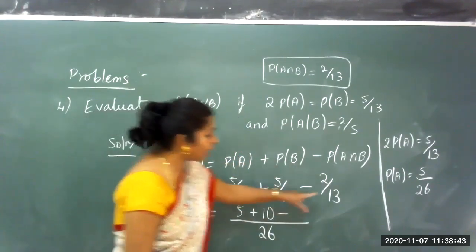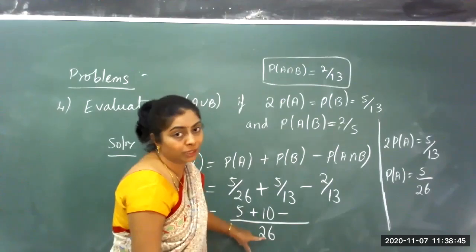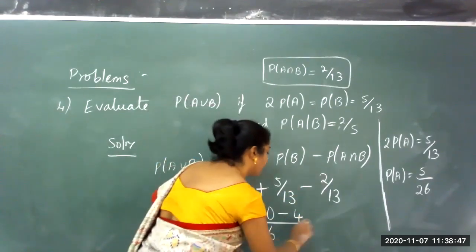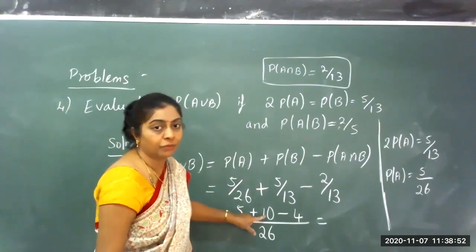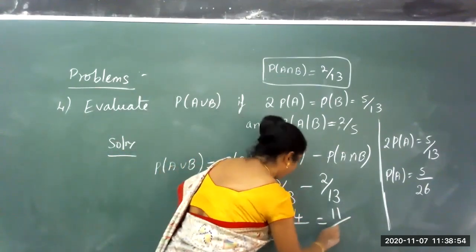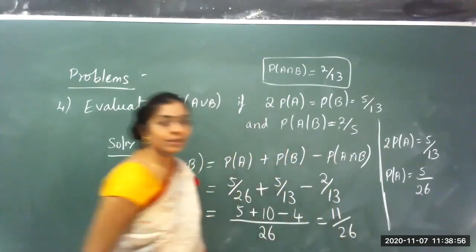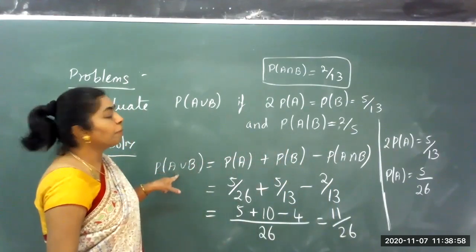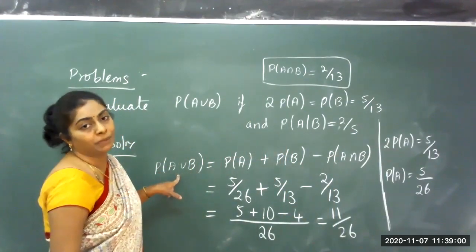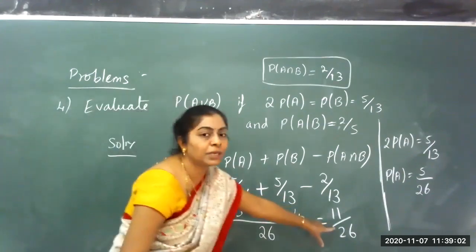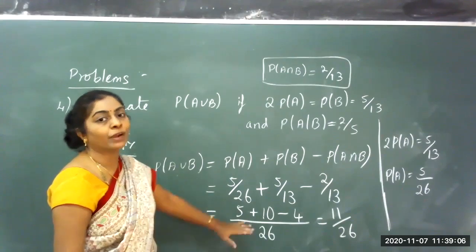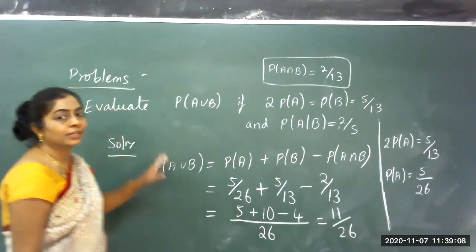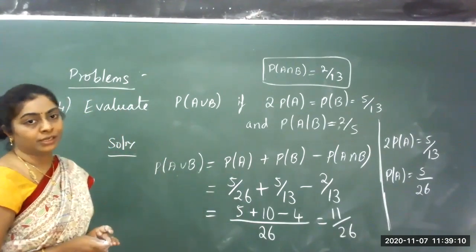Minus again 13 twos are 26, 2 twos are 4. 5 plus 10 is 15. 15 minus 4 is 11 by 26. That is the value of the probability of A union B. The probability of A union B is nothing but 11 by 26. That was asked to find.